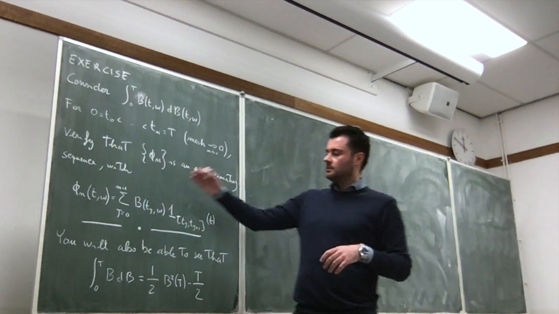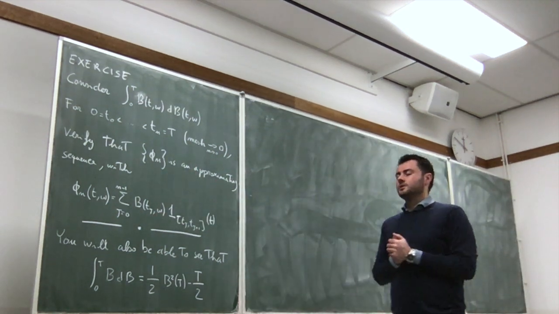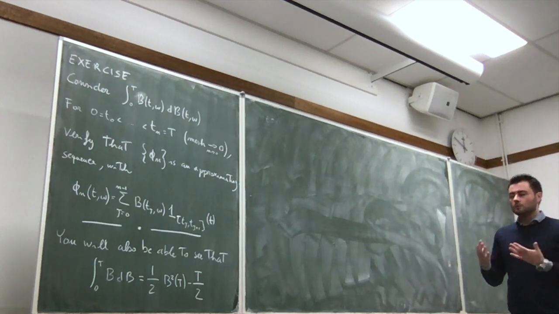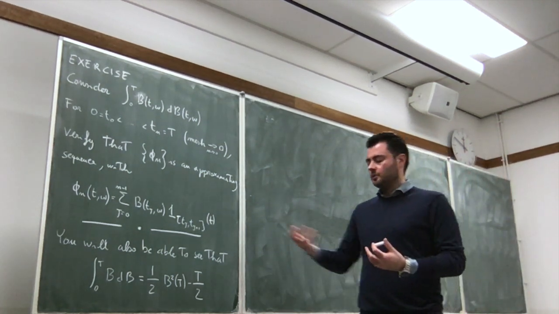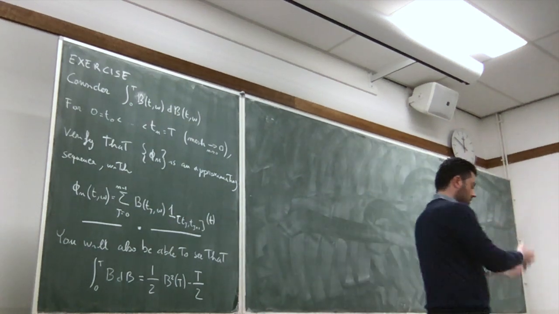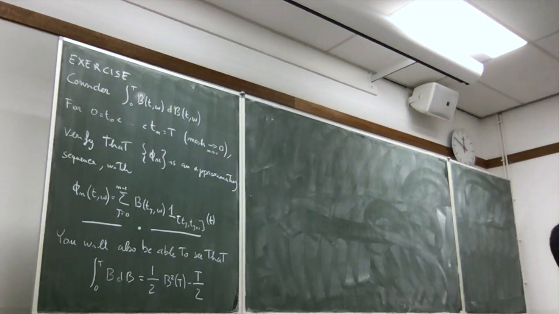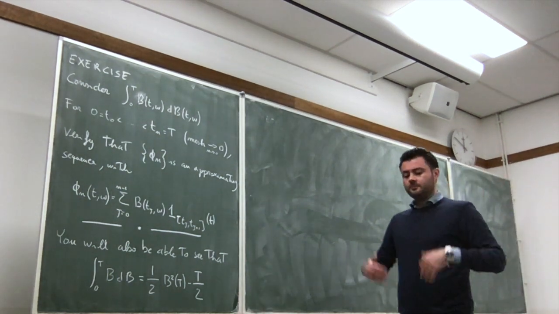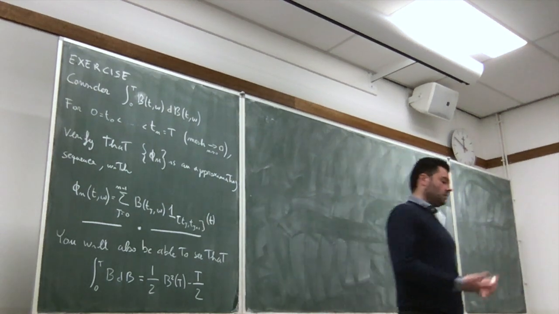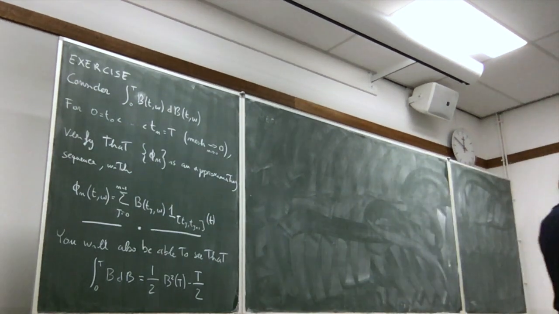And after showing that it is an approximating sequence, if you just try to exploit the properties of the Brownian motion, so every time you have, for example, the expectation of the increment, you know it is 0. When you take the expectation of the second moment of the increment, then you know it is the length of the time interval.